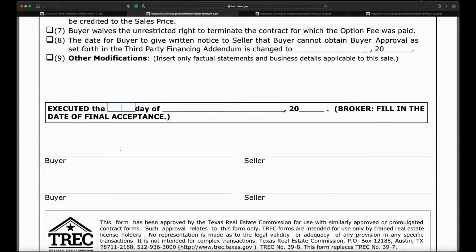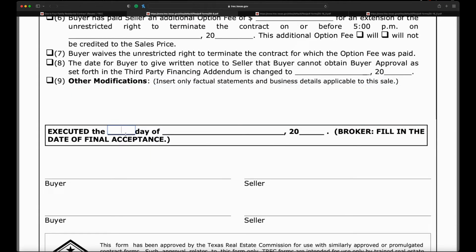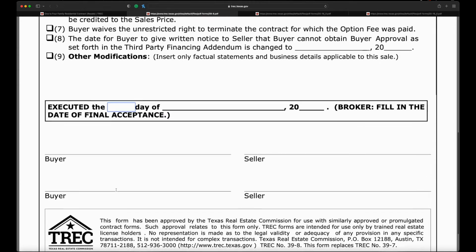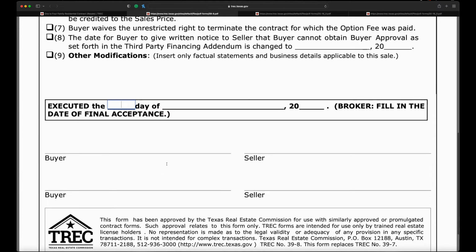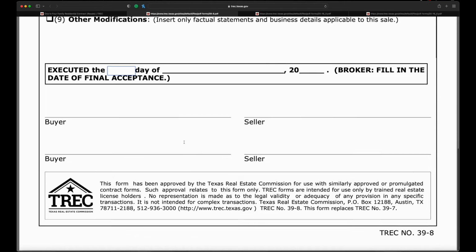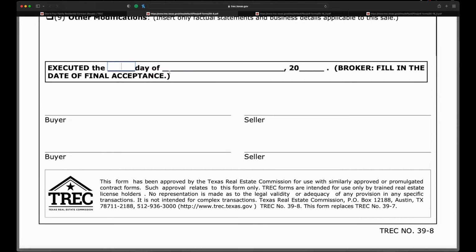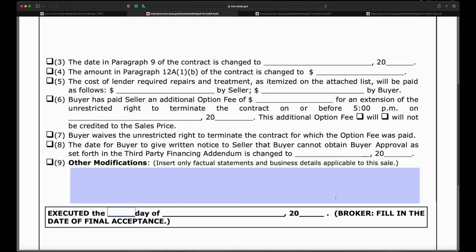If the other agent is doing this form and sending it to you, or if you send it and they change something and sign and send it back, it's the last one that signs. It'll be the last person that signs. That's when it's fully executed, when everybody's in agreement with the terms. So if you keep going back and forth, you wait until both people come to an agreement to put the executed date.